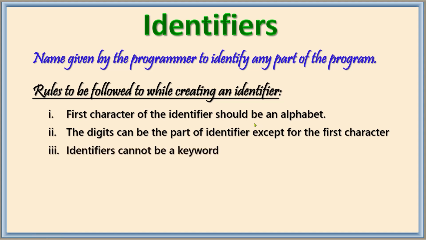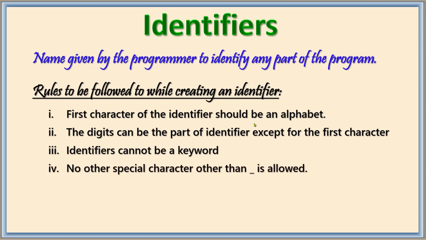Identifiers cannot be a keyword. We have already seen that keywords cannot be used for any other purpose than mentioned in the programming language. So keywords cannot be used as the name of an object or variable or class or whatever it is. You cannot use any character other than underscore.